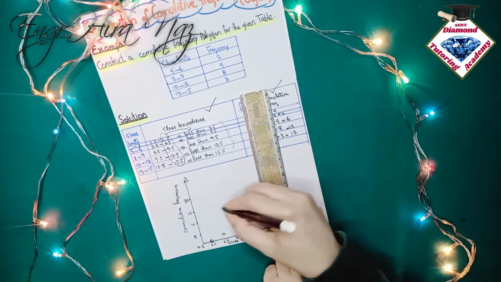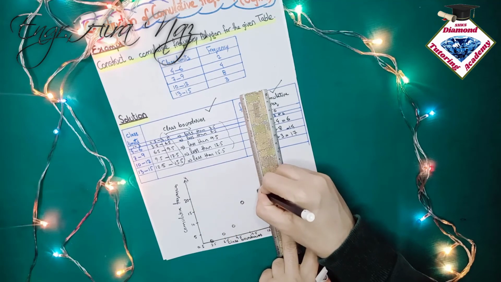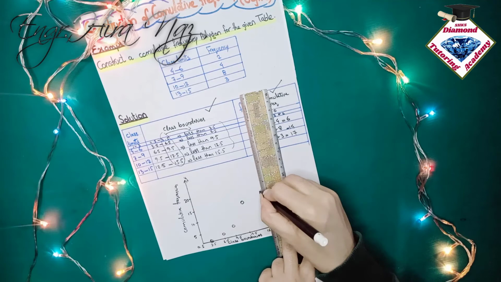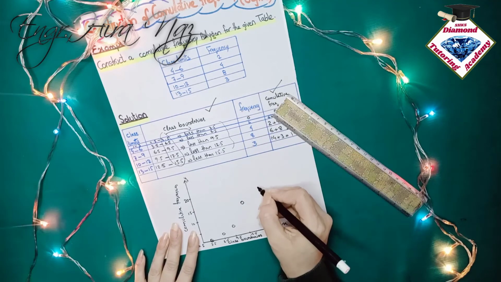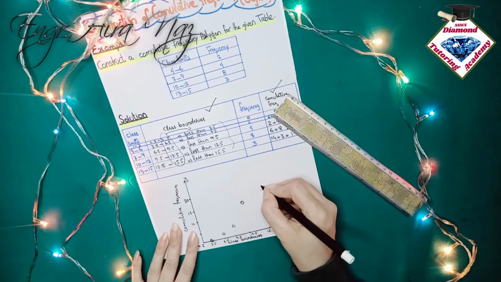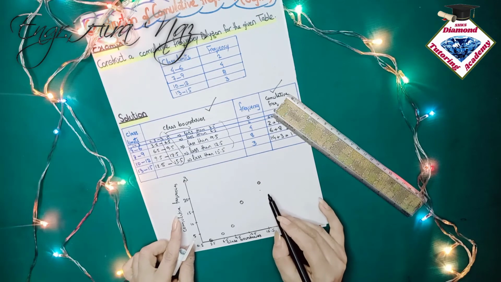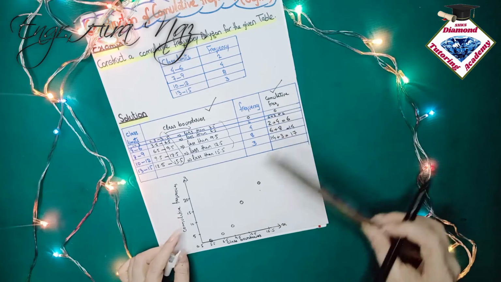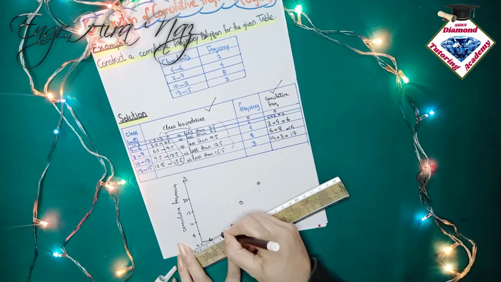So 17 is somewhere here. So mark these. Now join these dots with line segments. Let me join all these dots.